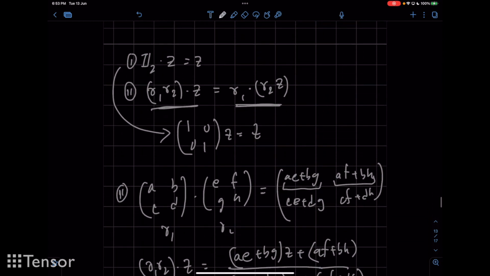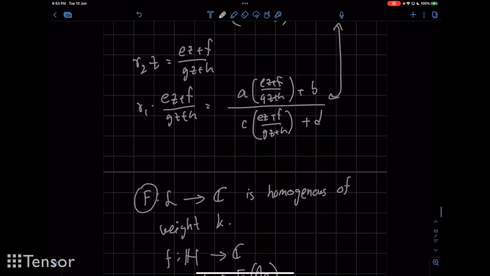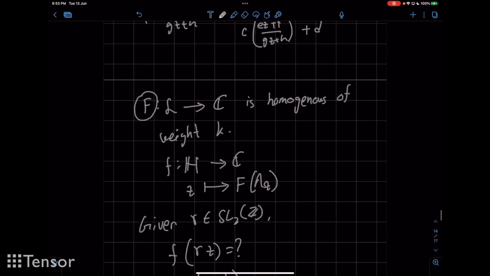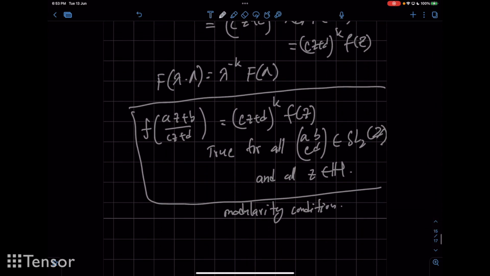Then we want to check how the function small f on the upper half plane behaves under the group action. So we got the modularity condition. Is it called a condition? It's not a theorem? No, we are going to define modular forms right now, and one of the conditions of modular forms is exactly this one. I guess that's enough motivation for studying modular forms.